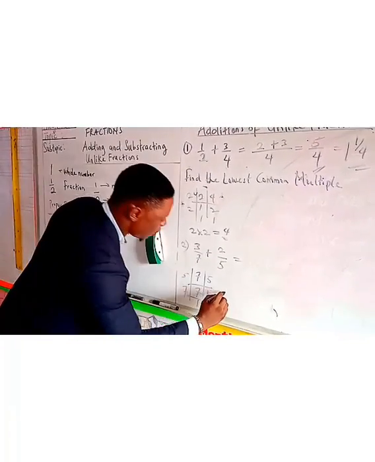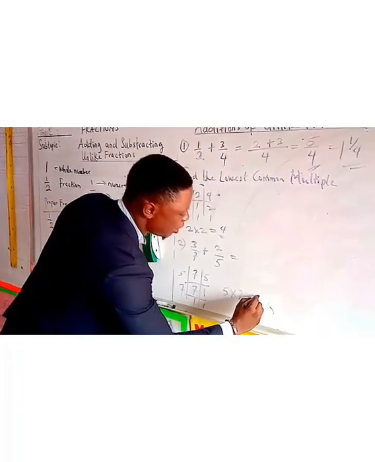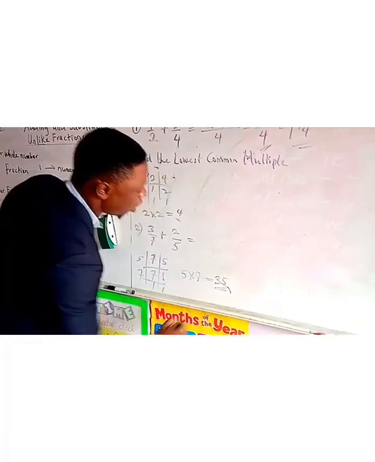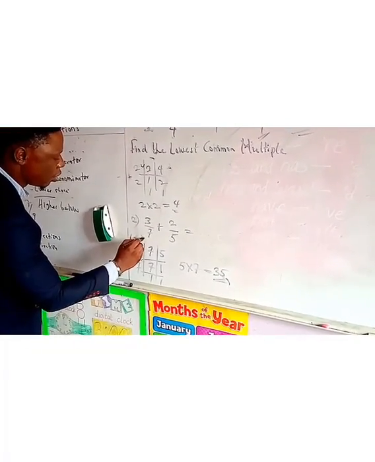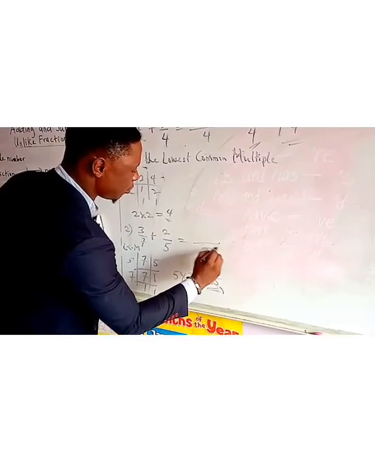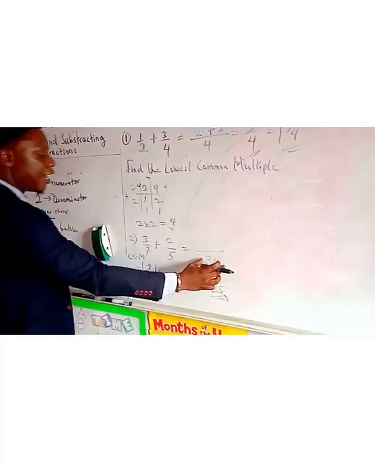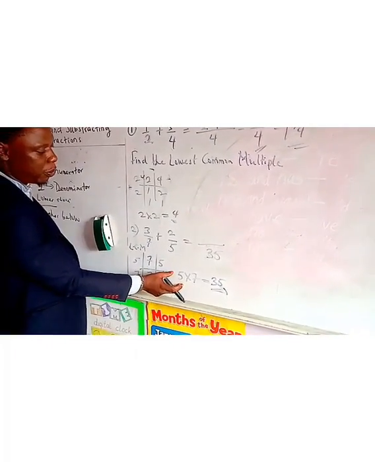So we have 5 multiplied by 7 gives us 35 as our lowest common multiple. That's the LCM. So we come here, we write 35. 35 divided by 7, obviously, is 5, considering what we had here.